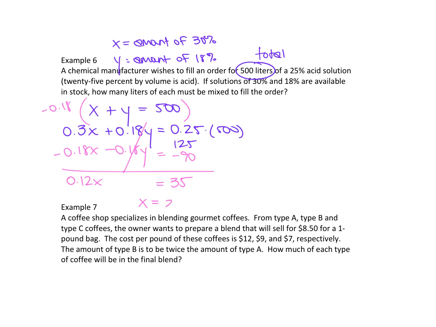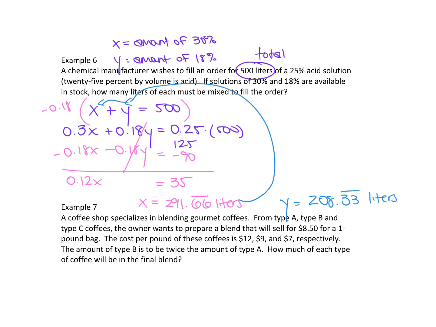So I get 291.66 repeating liters. And then I would plug that back in to solve for y. In other words, you're just taking 500 minus 291.666 repeating, and that gives you y is 208.33 repeating liters.